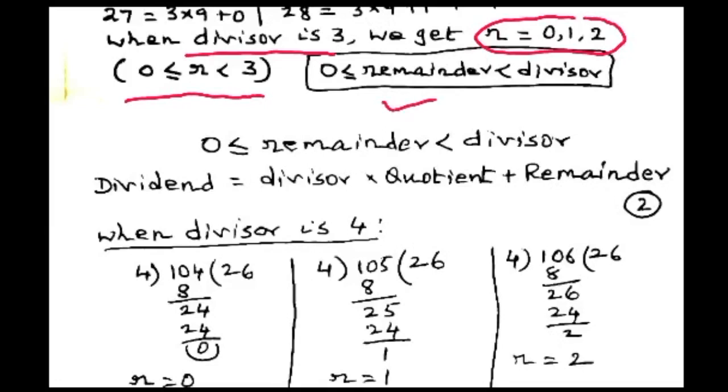We have written here 0 less than or equal to remainder less than divisor. We know the formula dividend equal to divisor multiplied by quotient plus remainder. In this case also, these concepts are verified.